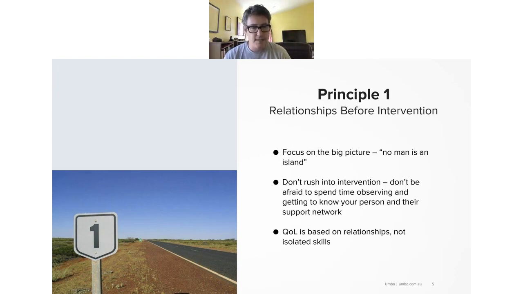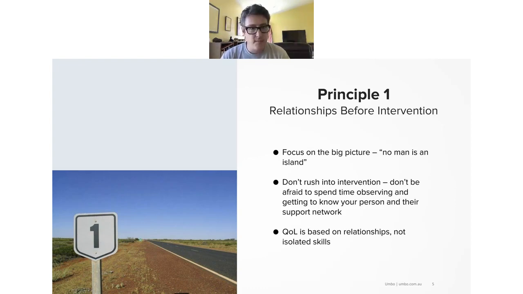The next thing, don't rush into intervention. I guess we're trained as allied health professionals to jump in and try to fix things. That's what we learn to do. We learn to go in and see what's wrong and start working on it straight away. But one of the things that we saw from these studies was that families really appreciate getting to know people before sharing their innermost thoughts, issues, problems, desires.